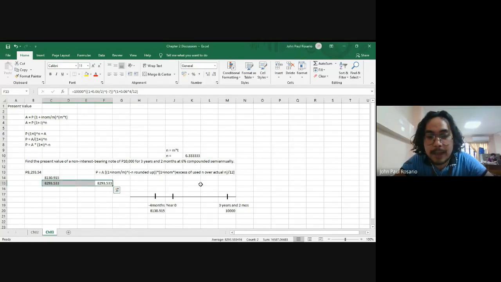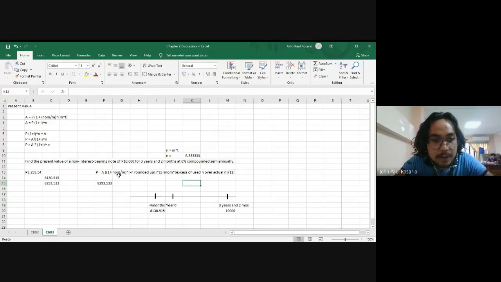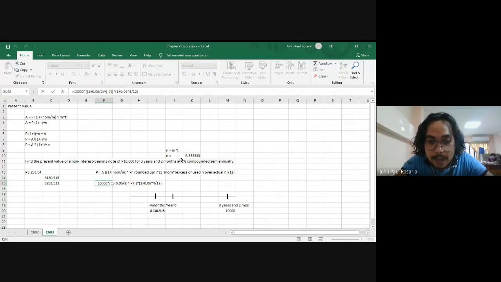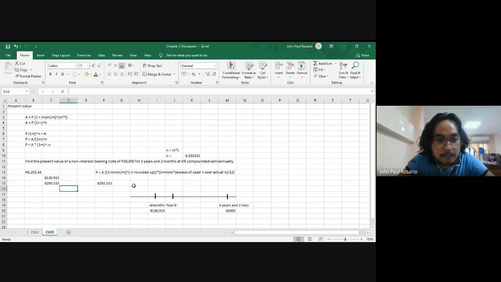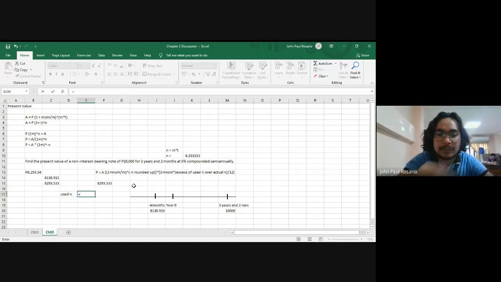Okay ha, sige. Now, di ba, ang atong gigamit diri is 6 man ni siya, right? Atong gigamit is 7 semi-annuals, right? Tama? Okay. So, ang used n is equal to 7 semi-annuals times 6. 6 months man kada semi-annual, tama?